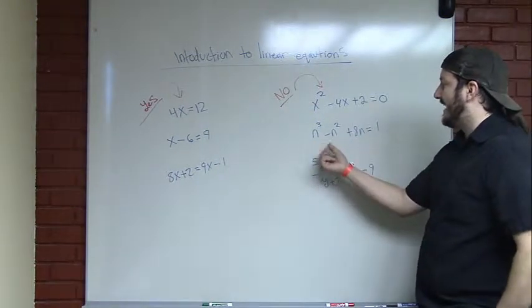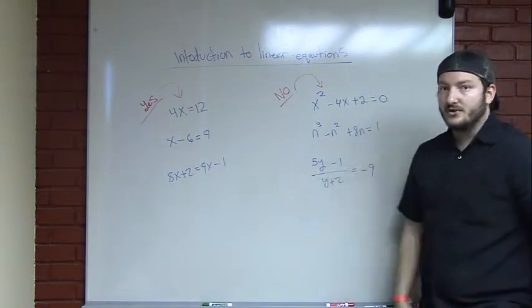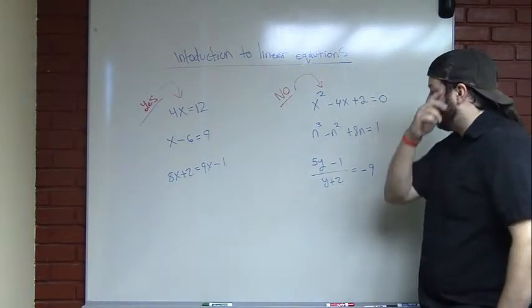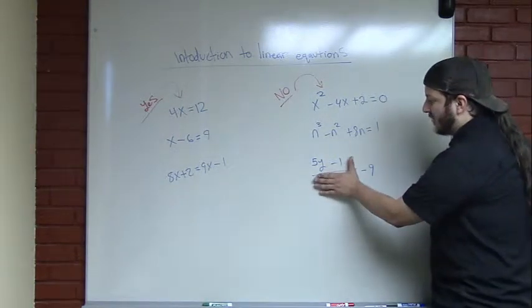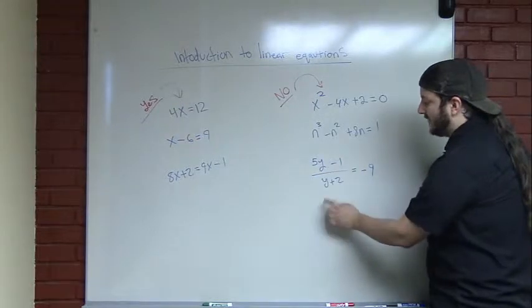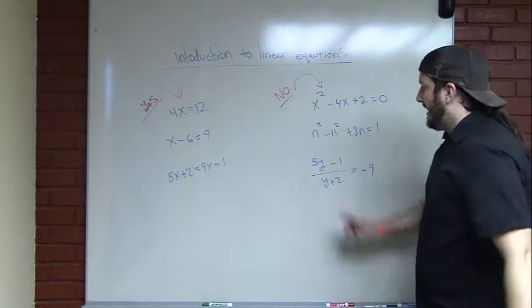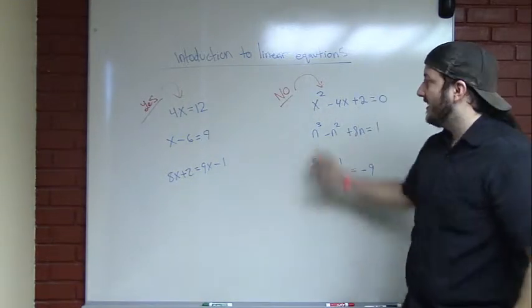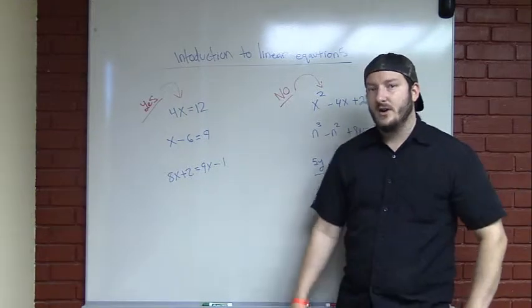It's not because it has an n cubed and an n squared. I mean, it's just all jacked up. That's definitely not a linear equation. And now this one here, if there was no bottom here, it would be a linear equation. But since we have a y here in the denominator, this is no longer a linear equation, okay? These are not linear equations. These are linear equations, okay?